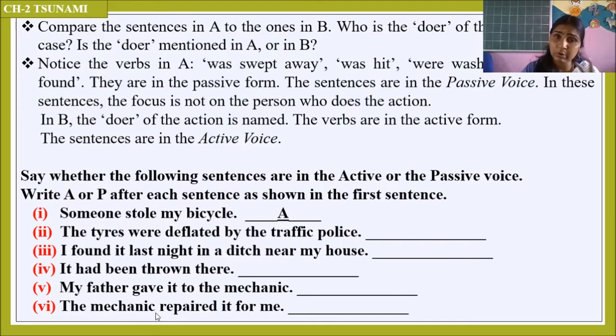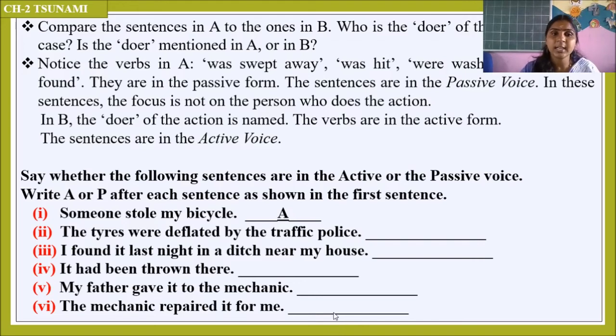So, it comes under active voice because who repaired it? The mechanic only repaired. It means the doer is the mechanic, and that doer gets importance in the beginning of the sentence, right? So, the last one is A.